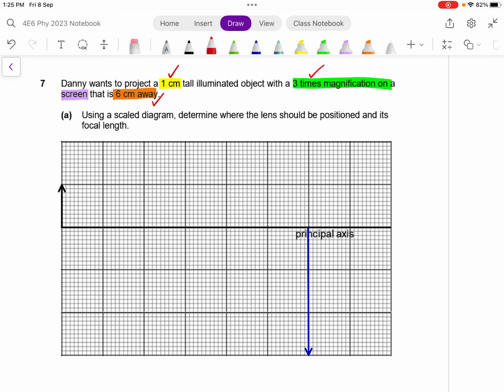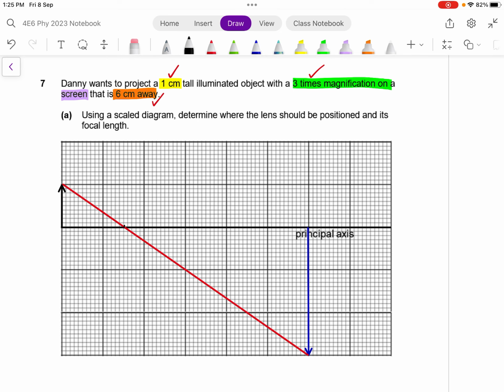Now we just need to form the rays, which is quite straightforward. First rule, the image has to come from the object, right? So the image comes from the object. The only way that I can have a ray that doesn't refract as it passes through the lens is that this red line must cut the optical center.